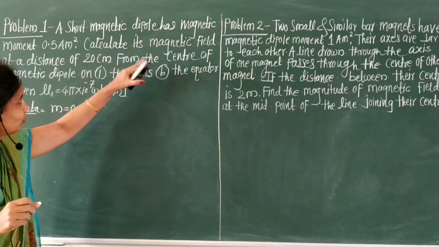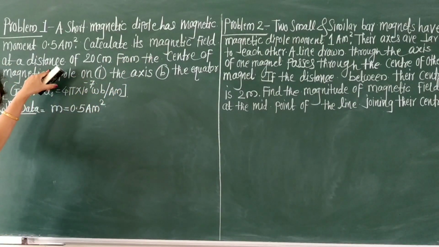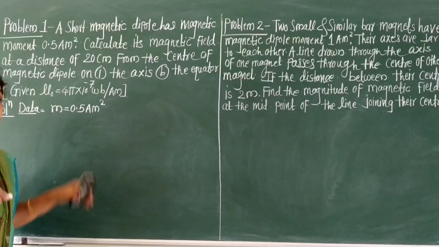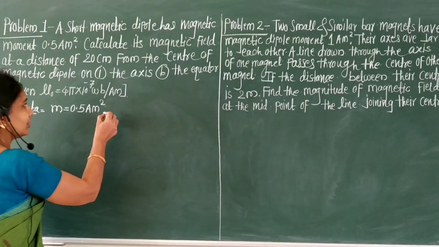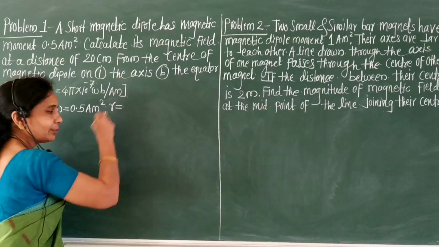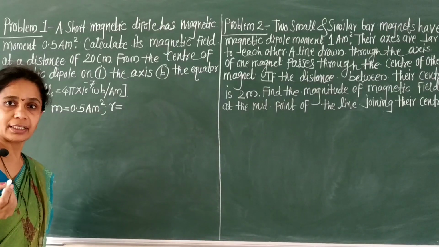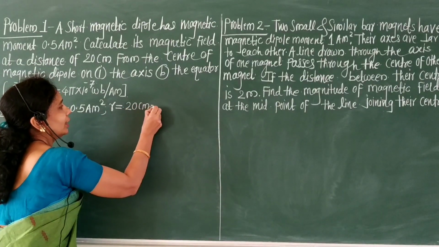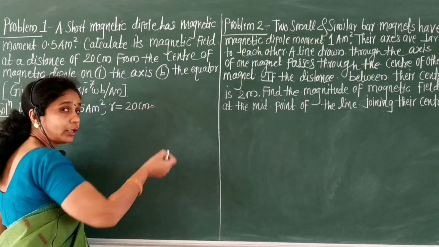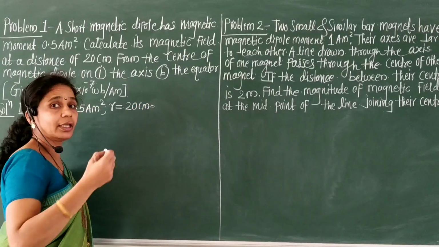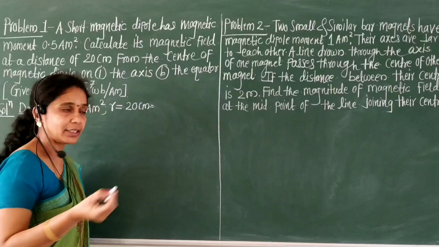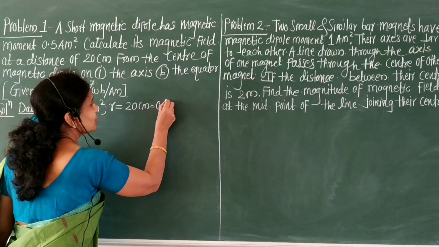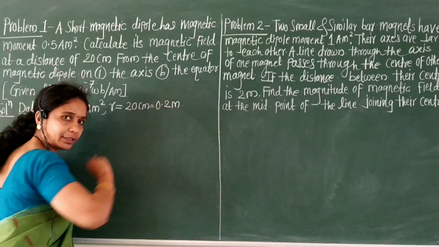Calculate its magnetic field at a distance of 20 centimeter. Therefore, what is 20 centimeter? r is equal to 20 centimeter, convert it into meter. Therefore, 20 into 10 raised to minus 2. Therefore, it becomes 0.2 meter.